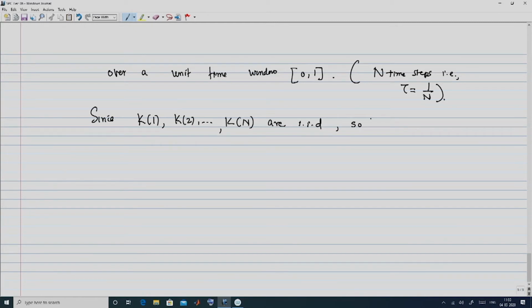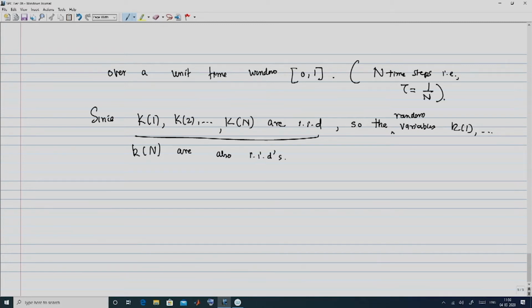So, for capital K1 through capital Kn, the original variables for the distribution, since these are IIDs, consequently the random variables small k1, that is the log return, through small kn are also independent and identically distributed.